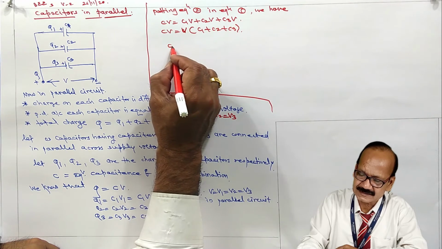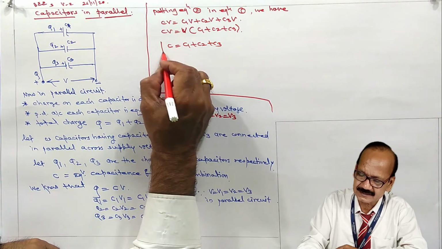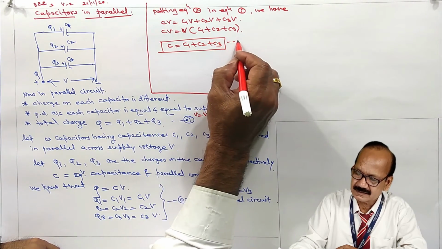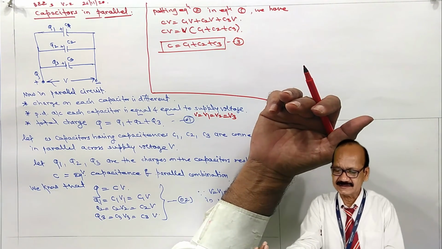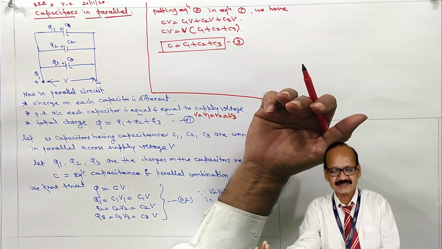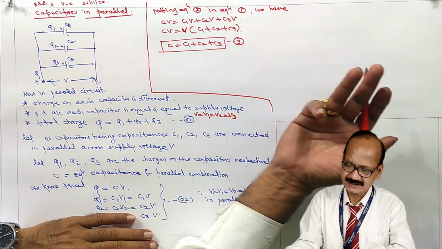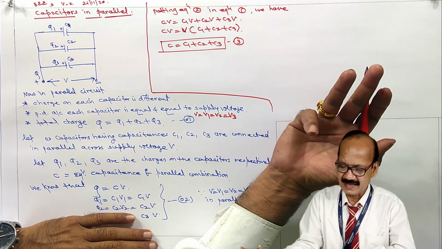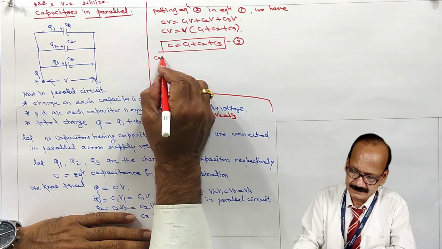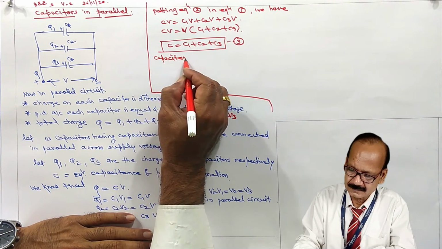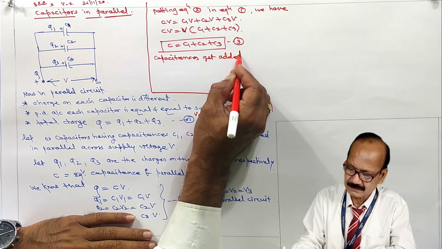V will get cancelled and therefore C equal to C1 plus C2 plus C3. This is the expression for equivalent capacitance when the capacitors are connected in parallel. That means when the capacitors are connected in parallel, their capacitances get added.